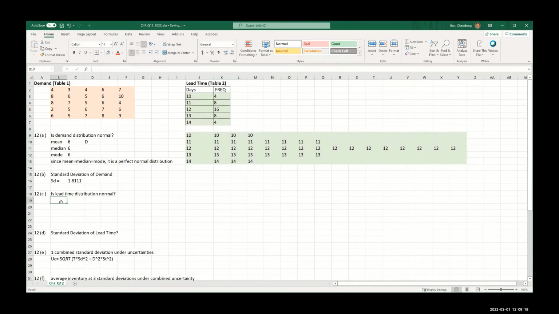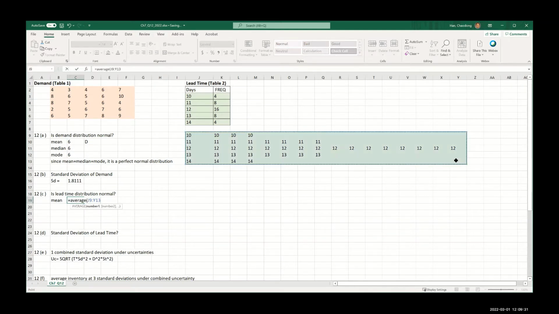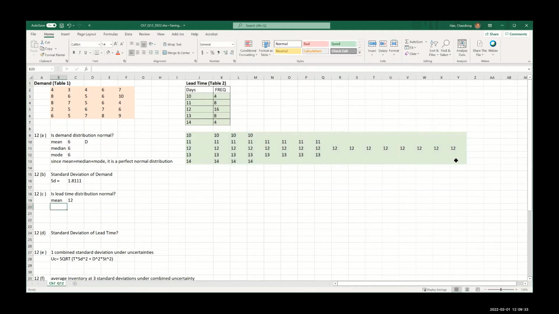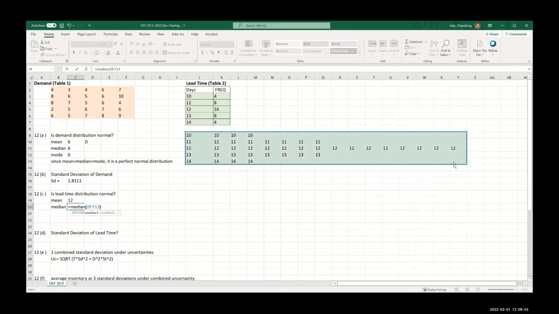So is the lead time distribution normal? The mean of lead time, the average, is 12 days. That's 12.